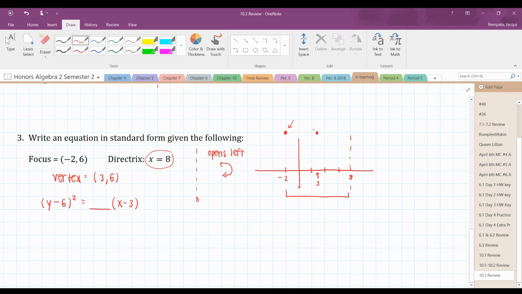So what's the distance between these? Well, we said that was a length of 5. So if my p-value is 5, that means this right here is 4 times p. So 4 times 5 is 20, but like I said, because we're opening to the left, it has to be negative. But this would be my equation.